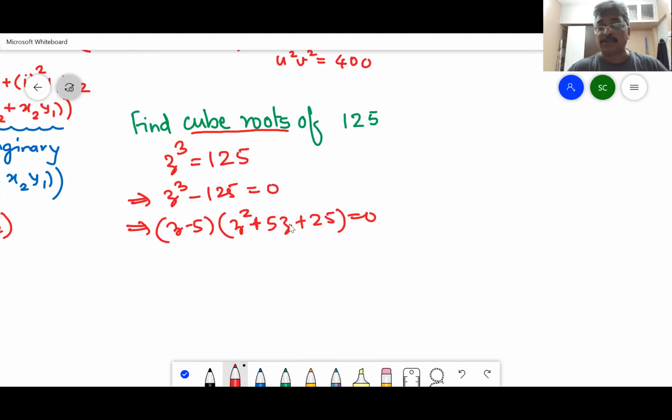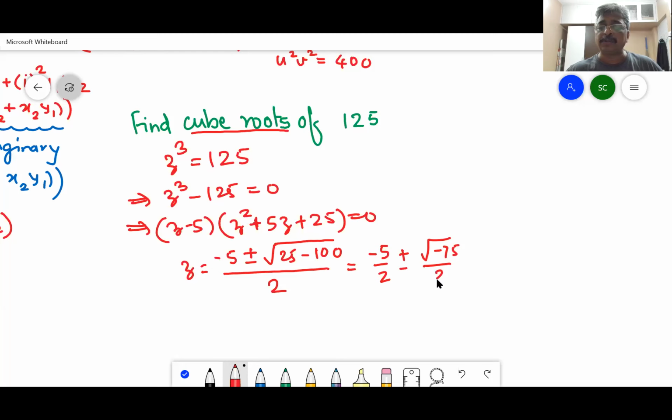So, using the quadratic formula, z is equal to minus 5 plus or minus under root b square, 25 minus 4ac, that is 100, upon 2, which is equal to minus 5 by 2 plus or minus root of minus 75 upon 2. Root of minus 75 comes out to be 5 root 3 i, since 75 is 25 into 3 and i is the square root of minus 1.